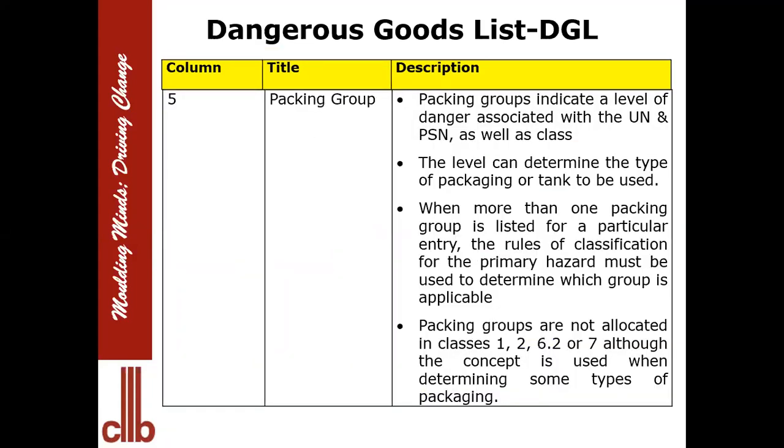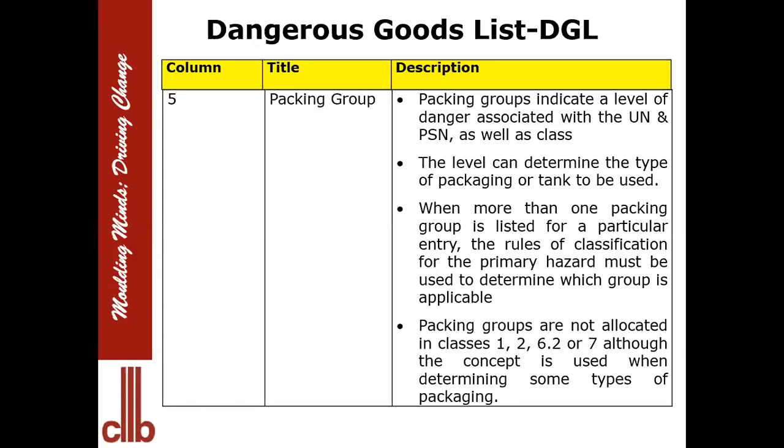Column 5 refers to packing group. And now you know, since we've done classes, that they use the word packing group to express the level of danger associated with a specific UN number or class.